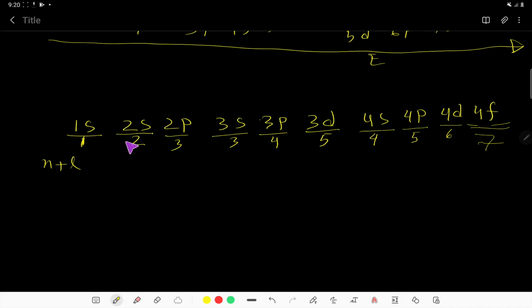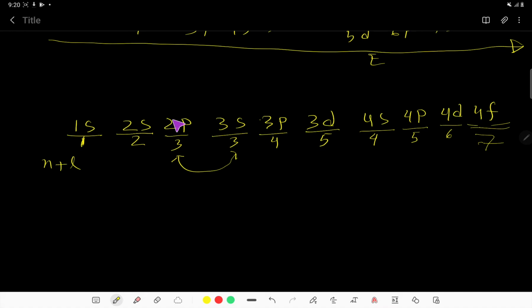After that, electrons may enter these two sublevels, but since these two sublevels have the same energy, the electron will enter the sublevel that has the lower value of n.